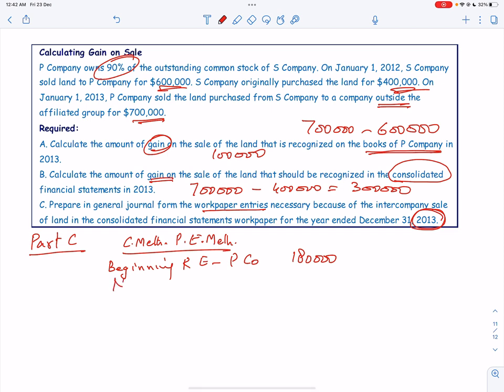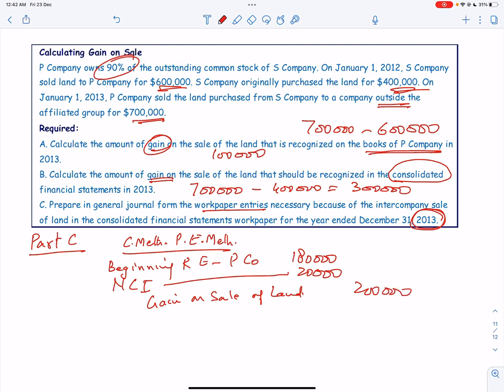And there will be non-controlling interest, that is 10% of 200,000, that makes 20,000. And the gain on sale of land will be 200,000.